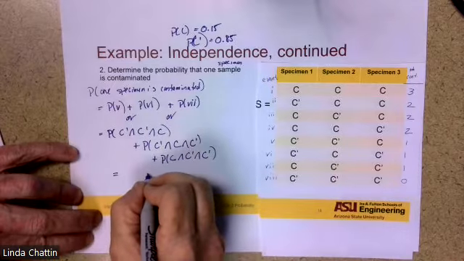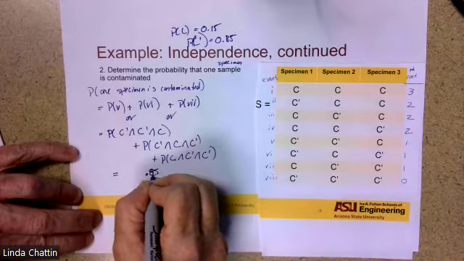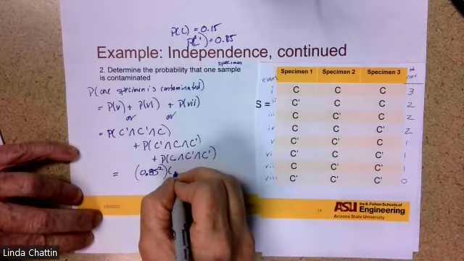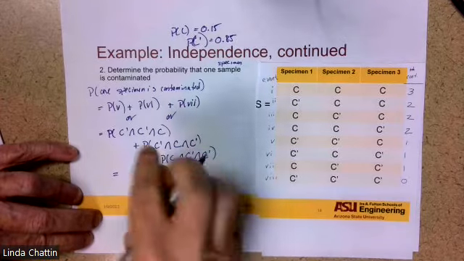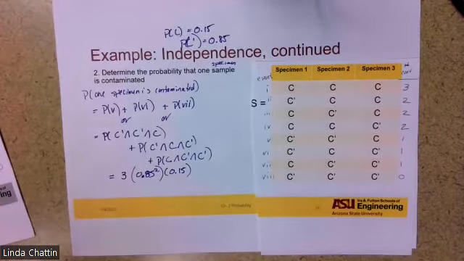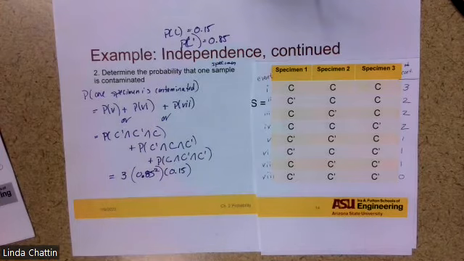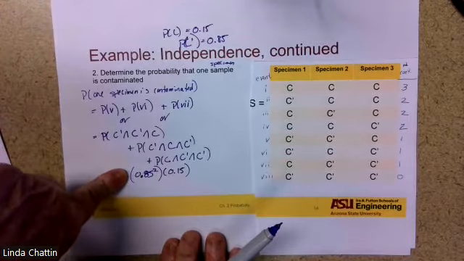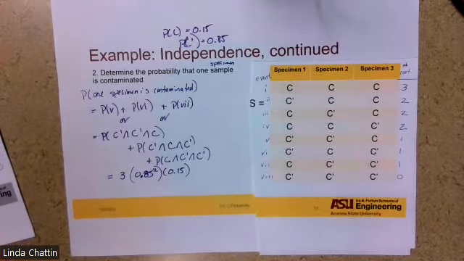So each one of these terms will have 0.85 squared, one sample contaminated, and there are three of these, and so that's the answer there. The probability that one sample or one specimen is contaminated can happen three different ways, and each one of those ways has this probability, 0.85 squared times 0.15.